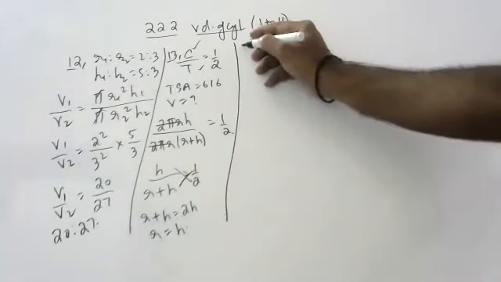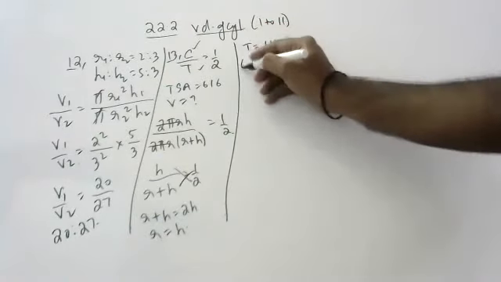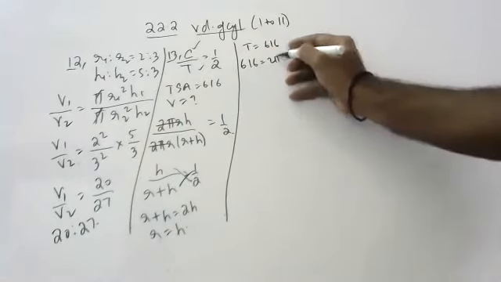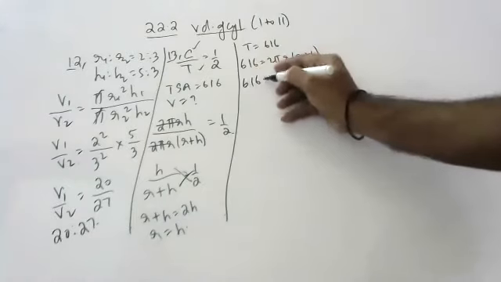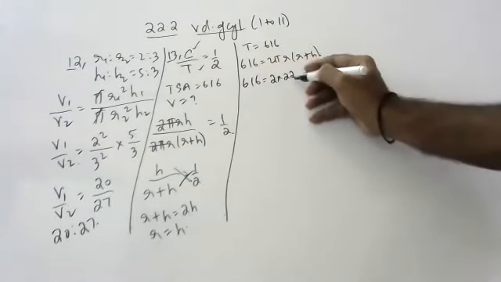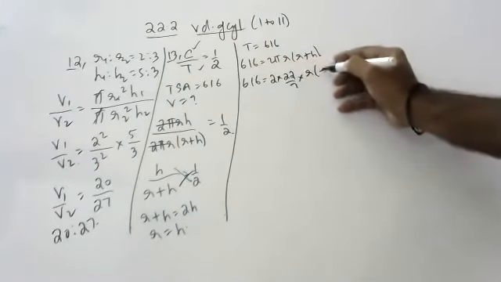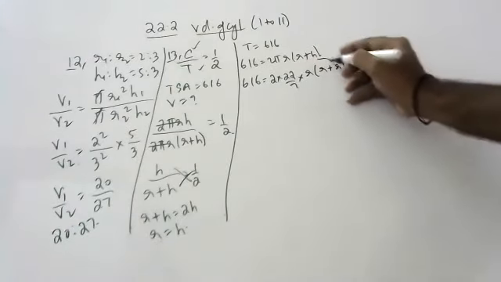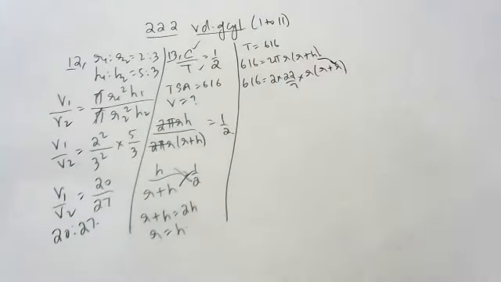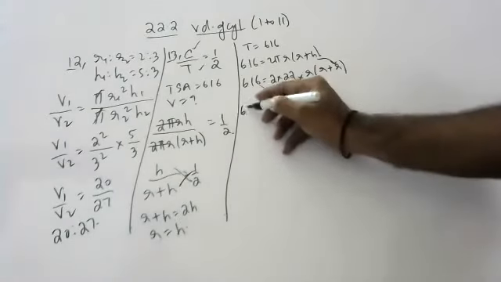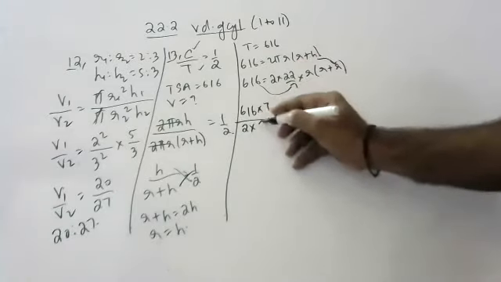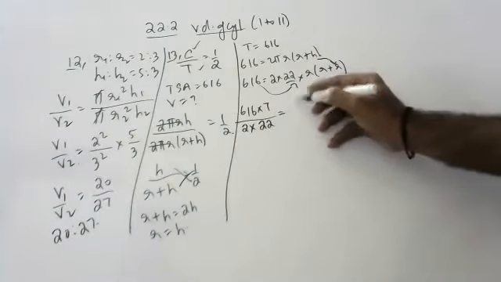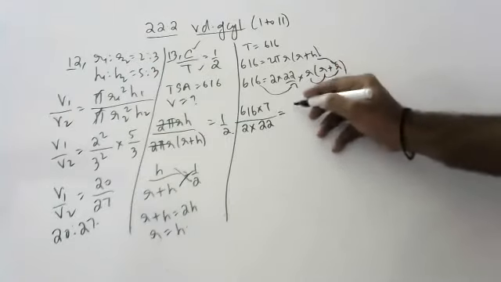Now he said TSA is 616. So 616 is equal to 2 pi R into R plus H. Tell them, you are not saying 22 by 7. 22 by 7 into R, R plus R, because H and R are the same, so I am writing H also as R. 7 will go up. 616 into 7 by 2 into 22 is equal to R into 2R, which is 2R square.